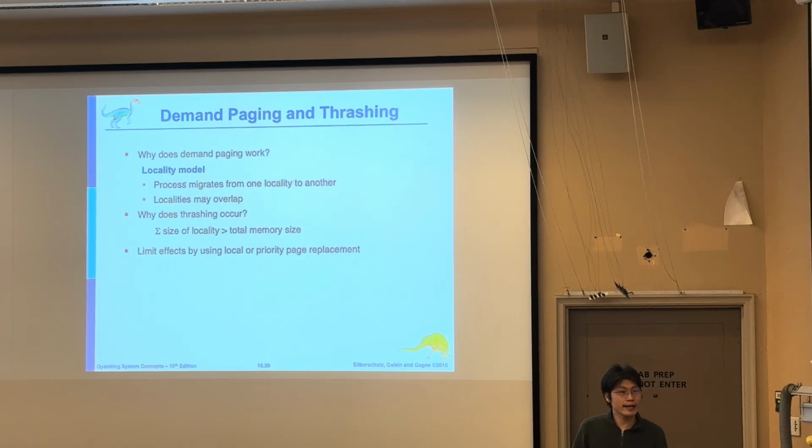Locality is the key that makes demand paging, or any cache, work. What does locality mean? Yes. If you're accessing one memory location, it's likely that you'll be accessing the closely surrounding memory.